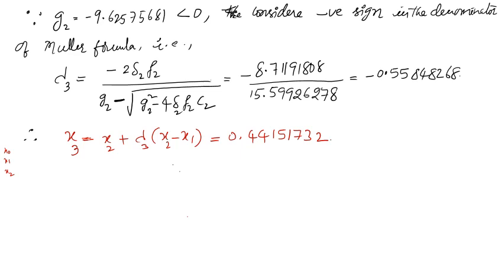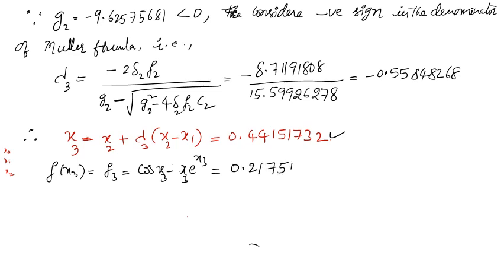After getting this value, find f of x3. f of x3 means the notation f3. f3 means what? Cos x3 minus x3 into e power x3. Substituting x3 value, the result is 0.21751622. Okay, this is the first approximate root.